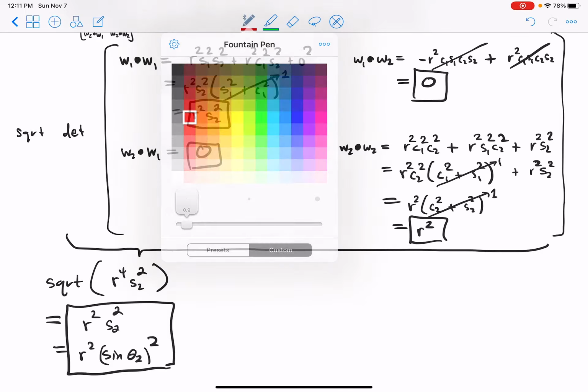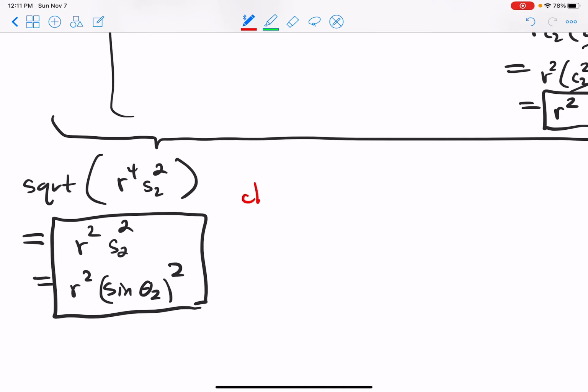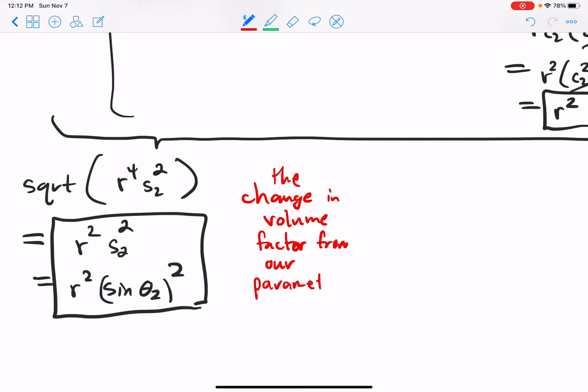Okay, and then in words, I'll say, what did I just do? This is the change in volume factor from our parametrization map.